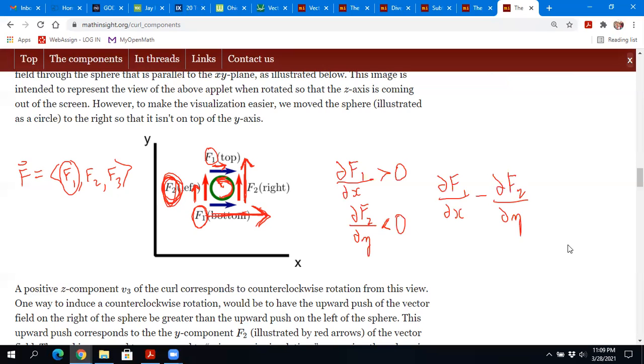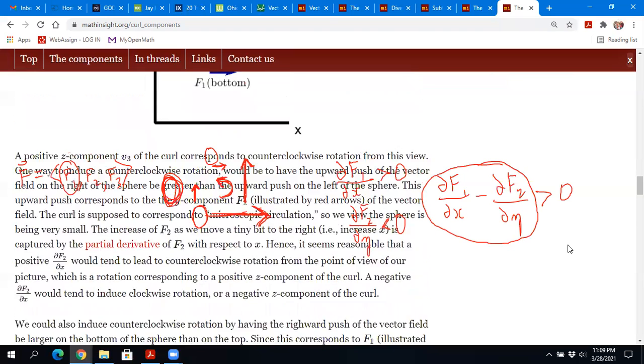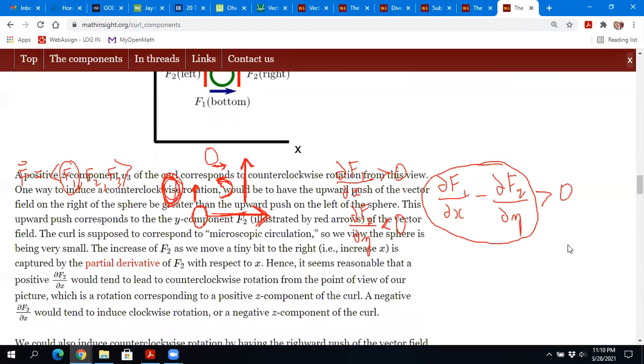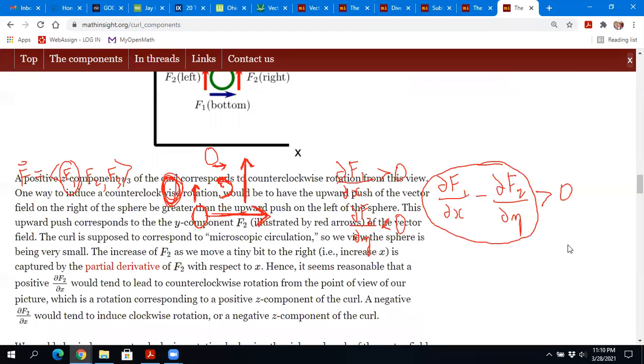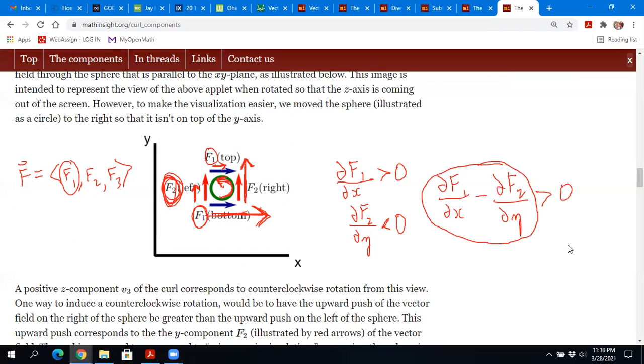Remember, I want the Z component to be positive, yes, so that I get this right-hand rule rotation. This would be positive on the whole, yes? So notice that I end up looking at this quantity right here, which interestingly is exactly, so hang on a second, F2, is it F2?